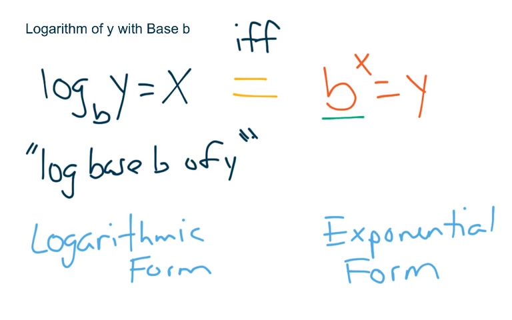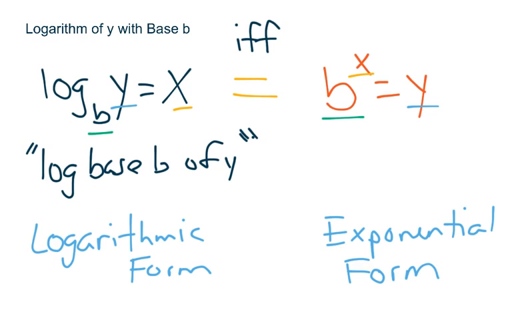Notice that we have the same variables here, and they represent the same things. Those two expressions, the one in black and the one in red, are equivalent. One is logarithmic form, one is exponential form. They are exactly the same.